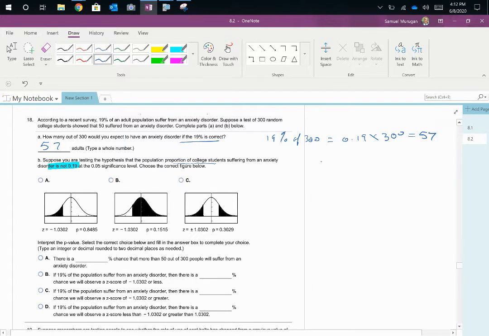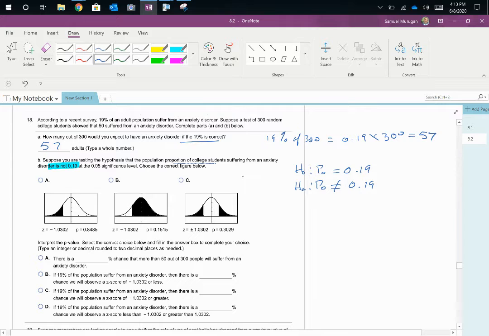Okay, so remember what we said, P0 is equal to 0.19 and P not equal to 0.19 is the alternative hypothesis.